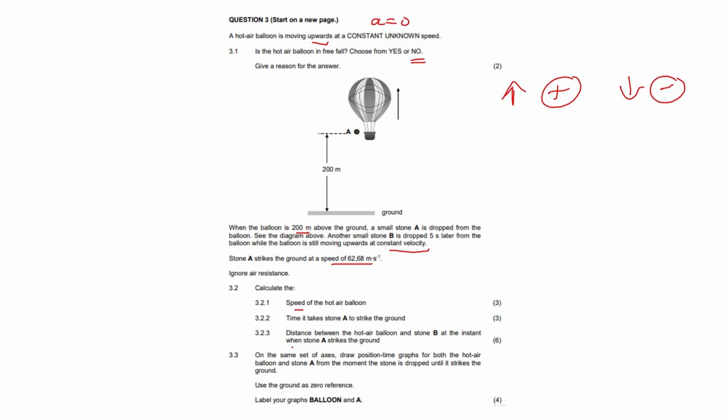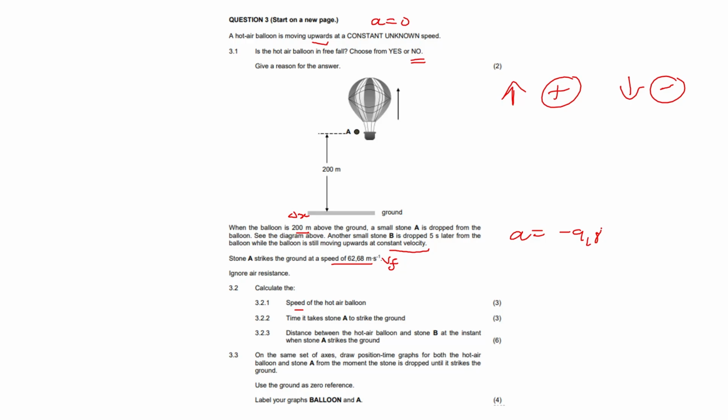All right. So what do we have so far? We have the height above the ground. We have the final velocity, which is right here. We don't have the initial velocity, but we do have acceleration, because remember, acceleration is constant, 9.8. So we have things to work with. What do they want?